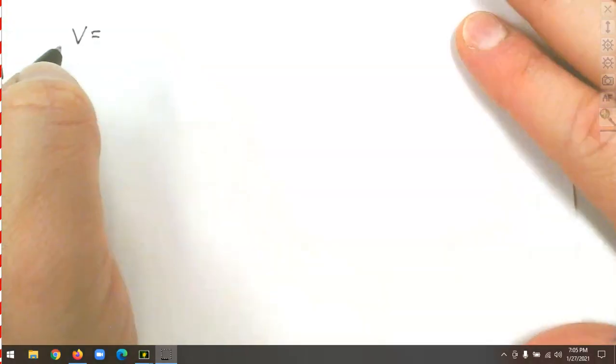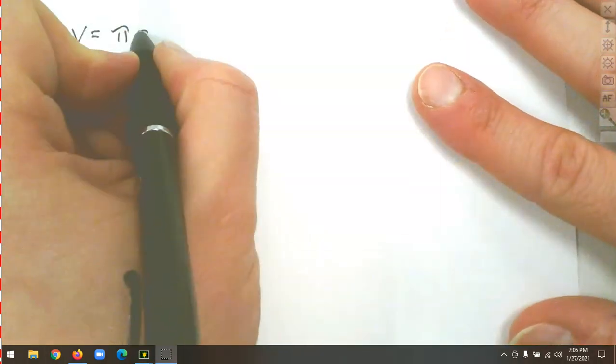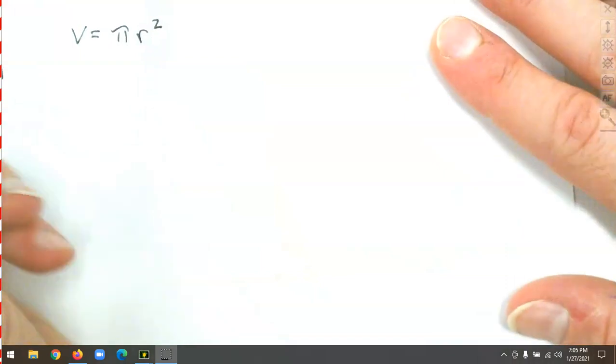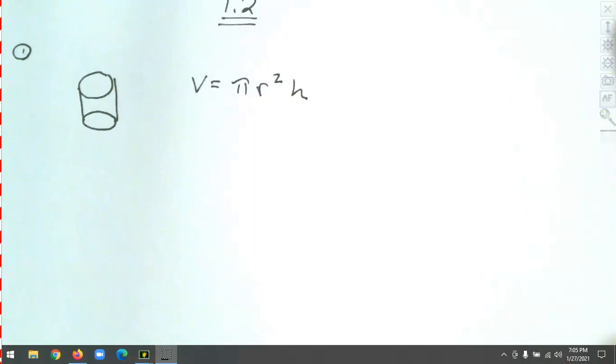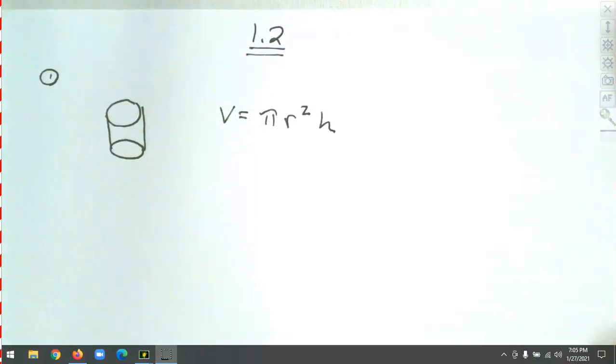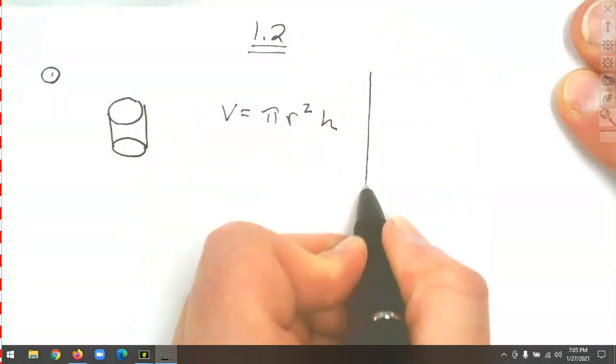So let's write up our volume formula, and then we'll apply it. Our volume formula is V equals pi r squared h. Now we do have to be careful with this problem because we're not given the radius, we're given the diameter.